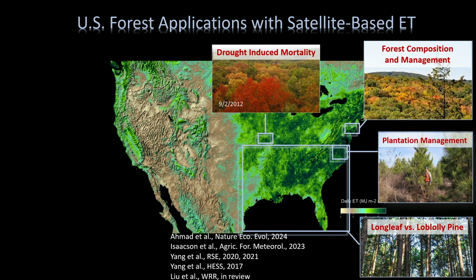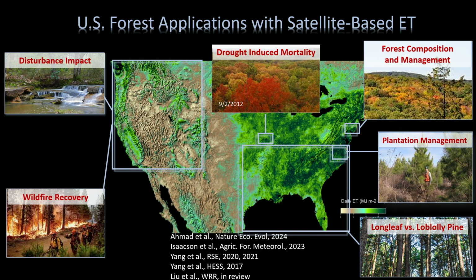Another study that I also want to highlight for regional applications is over the Western states. Here are two studies. One is ongoing work, which is looking at the disturbance impact on the hydrological processes over the entire Western U.S. for these CAMELS watersheds, which are kind of controlled study watershed sites.